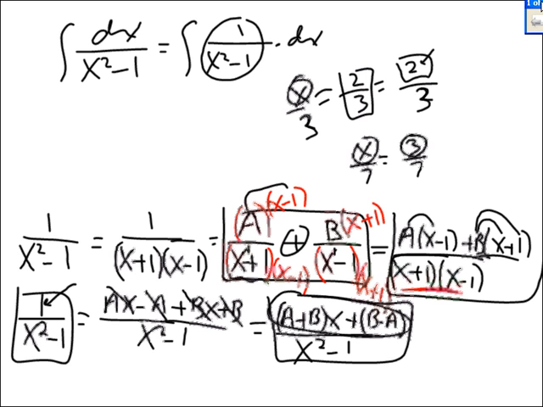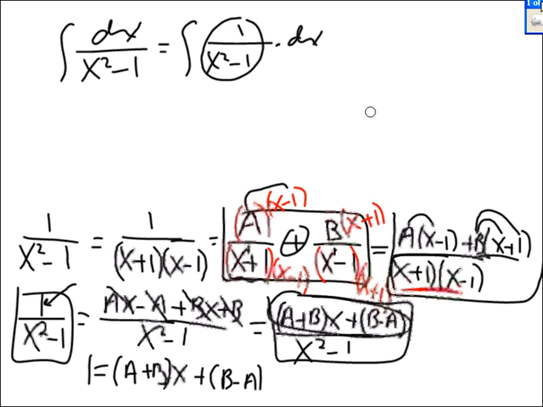Okay, so 1 must equal (a plus b)x plus (b minus a). Now here's where a lot of students just don't want to get this. You need to realize, again, this is equal to 1.